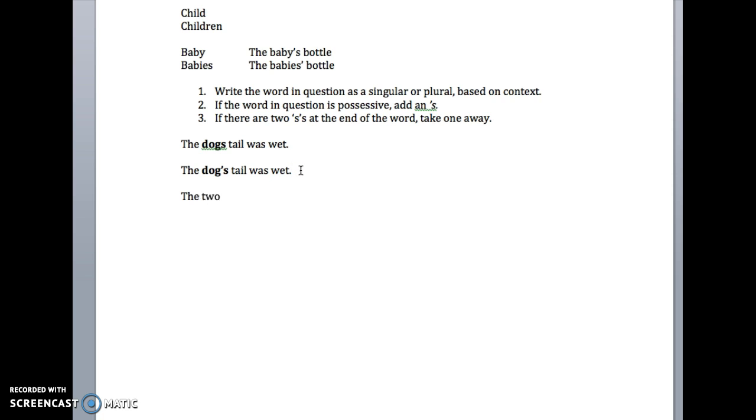Let's try one where we do have two S's. The two dogs' tails are wet. So the word in question here is dogs. So first, let's write the word in question as a singular or plural. Well, this is two dogs, so we've already got it written correctly as a plural based on the context.